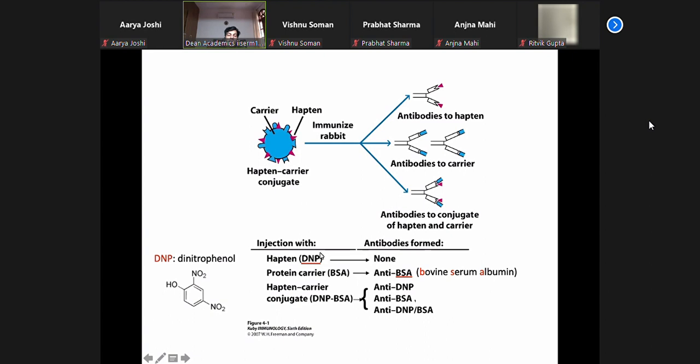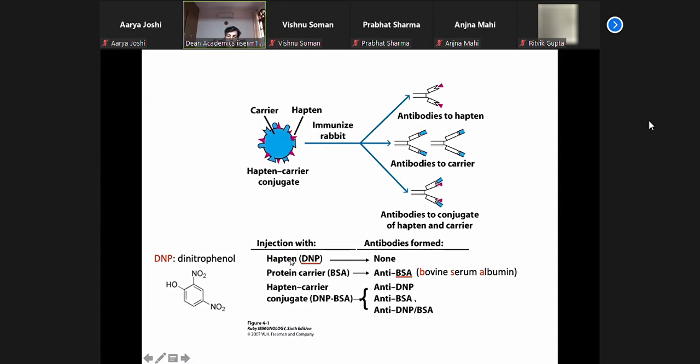So with hapten alone, you don't generate any antibodies. With carrier protein alone, you generate antibodies against the carrier protein. But when you inject hapten and carrier protein together, you get 3 types of antibody. Some will react to dinitrophenol, some to BSA, and some to DNP-BSA combined, epitopes provided by both DNP and BSA.